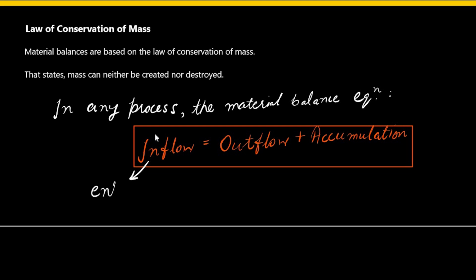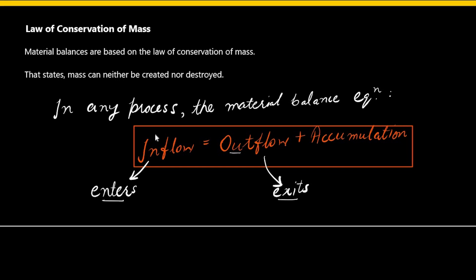Anything that enters into the system is inflow, and anything that exits the system is outflow. As simple as that. Flow means something that is flowing. In means inside. That means anything that is flowing inside is inflow, and anything that is flowing outside is outflow.